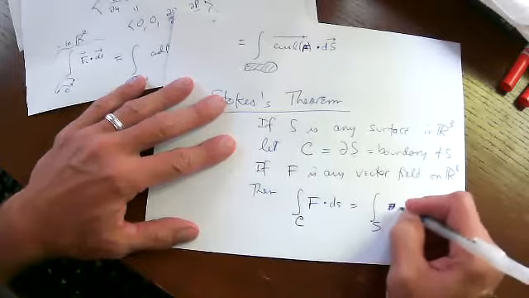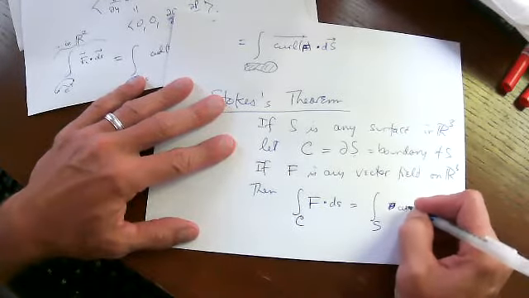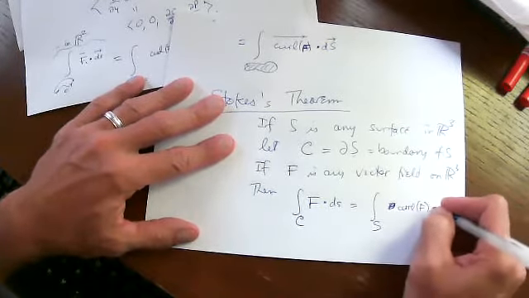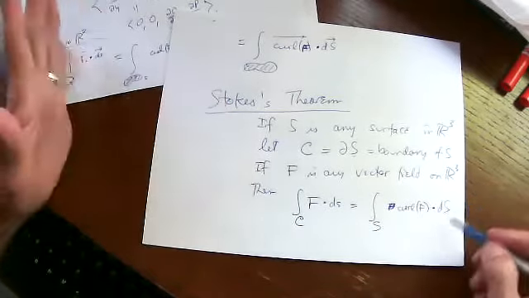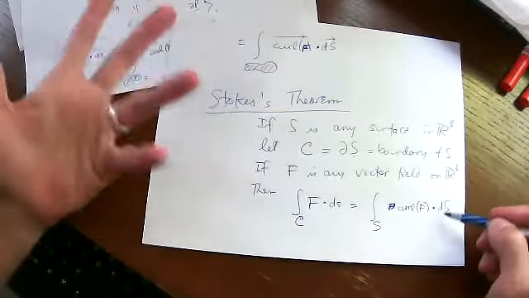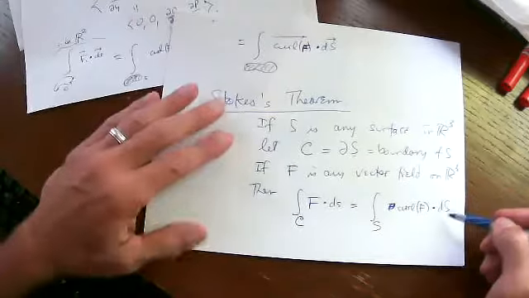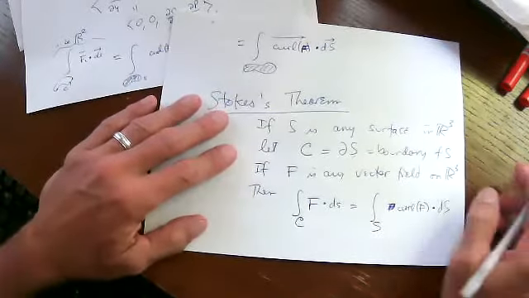It's curl of capital F dotted with dS. Now, this is what Malik was just asking about. I guess I would say capital dA. The book likes to put it as dS.